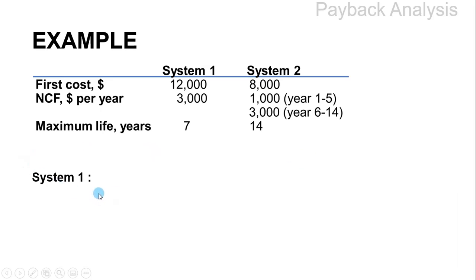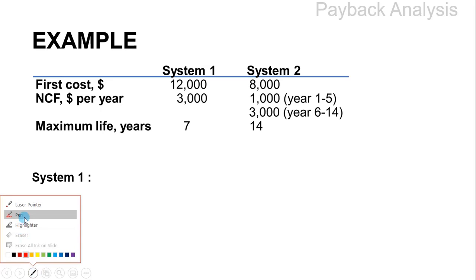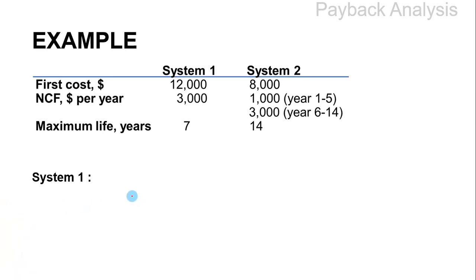To get the payback period, we simply divide the initial cost, which is 12,000, divided by 3,000 of net cash flow per year.